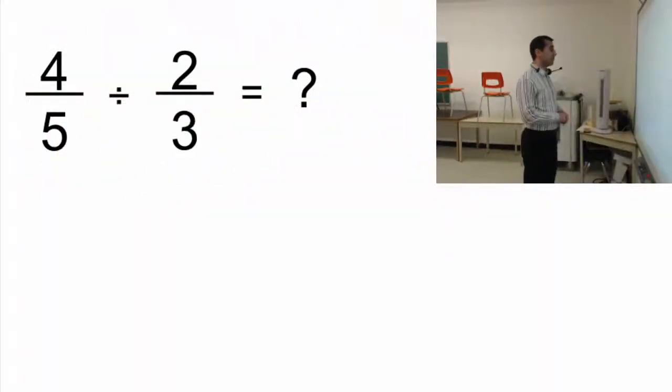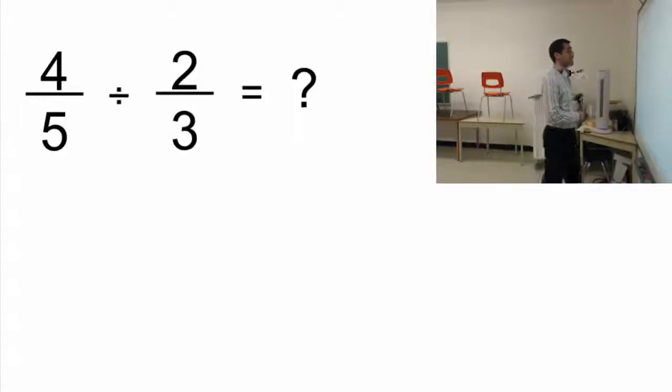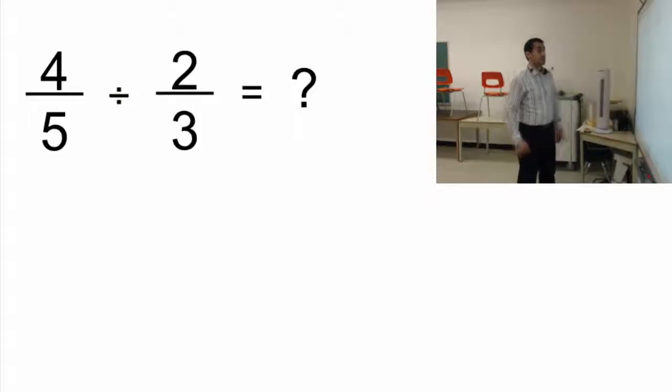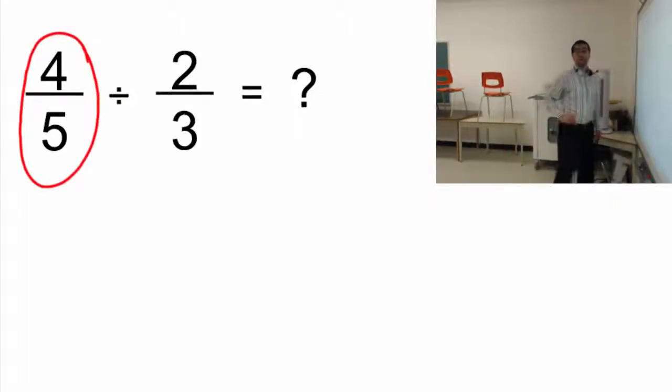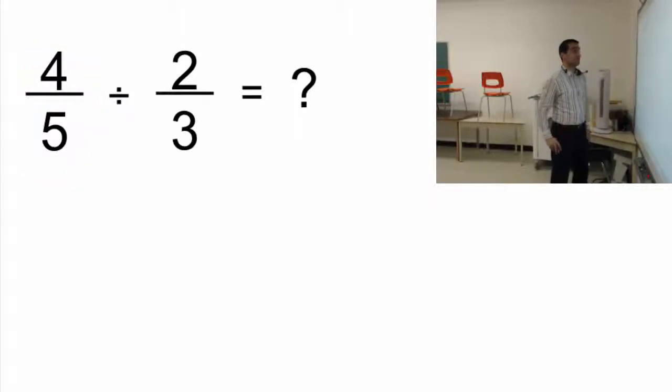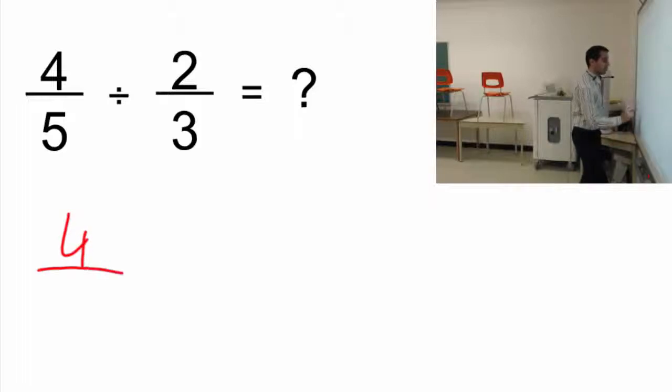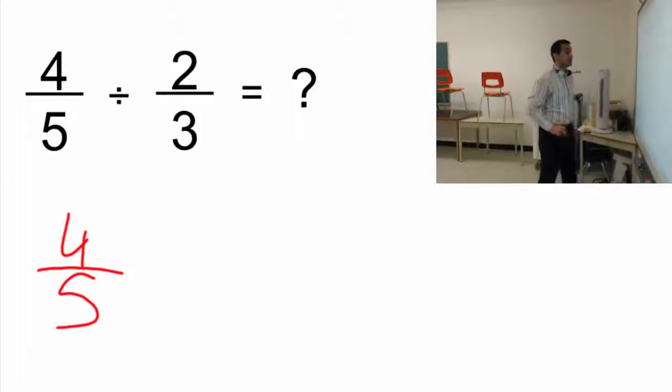4 divided by 5 divided by, again, 2 divided by 3. First of all, you're gonna rewrite the first fraction the way it is without changing anything. 4 divided by 5. And then the next fraction, make it upside down.